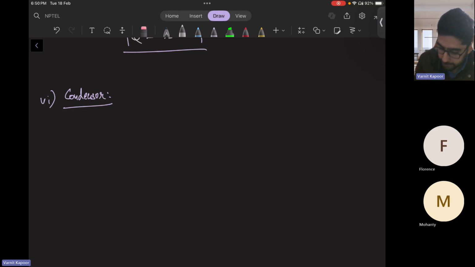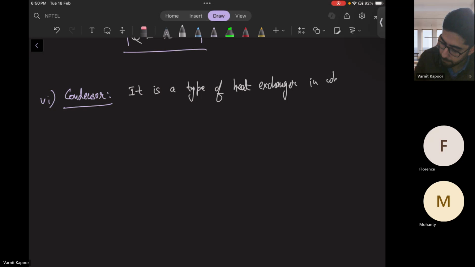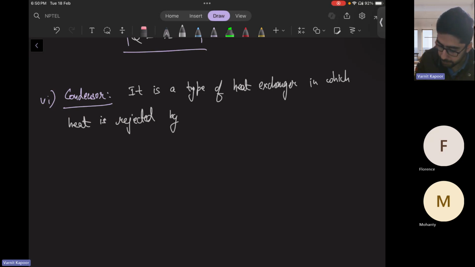So a condenser is a type of heat exchanger in which heat is rejected by the working fluid at constant pressure.